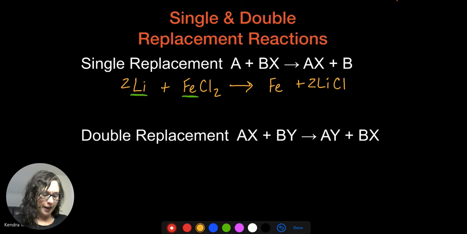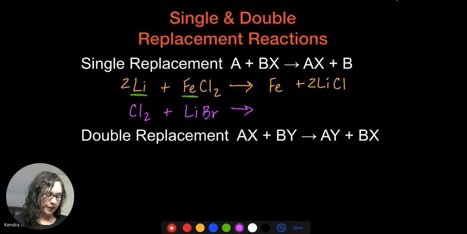Now, what if I had something like chlorine gas that was by itself, so Cl2 plus, we'll say, lithium bromide. In this case, the thing that would have to replace the other one has to be the equivalent, so it has to be the anion.